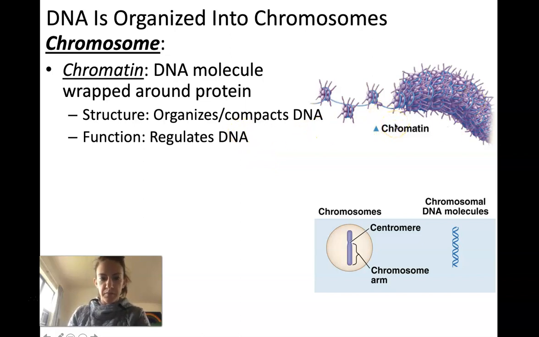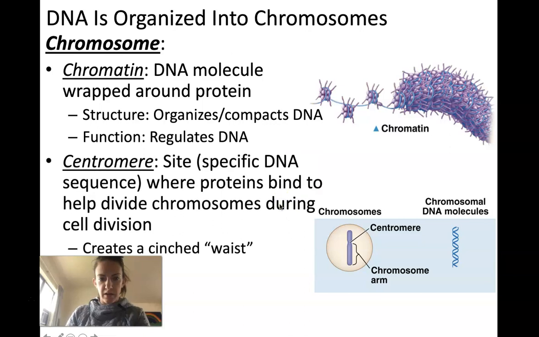So what happens is that when the DNA is condensed, okay, and the chromatin is condensed, the genes can't be expressed. When it's looser, they can be expressed. And so we'll talk about that process a lot more later on too, but just know for now that this condensed chromatin allows the cell to regulate what DNA is expressing at any given time.